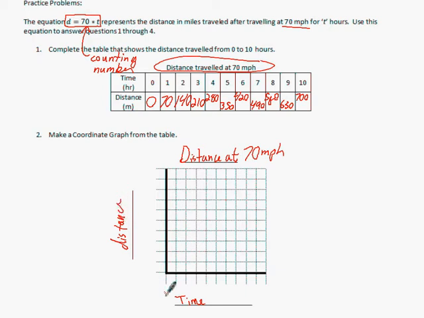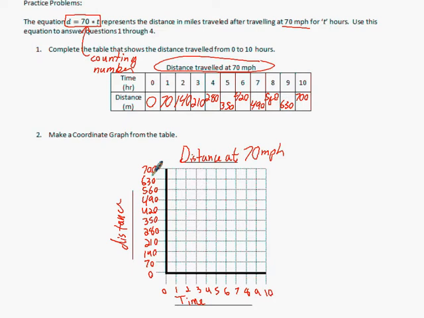Time goes from 0 to 10, so 0, 1, 2, 3, 4, 5, 6, 7, 8, 9, 10. Distance needs to go up to 700. Now, this is counting by 70s, so I'm going to count by 70s. 70, 140, 210, 280, 350, 420, 490, 560, 630, 700.